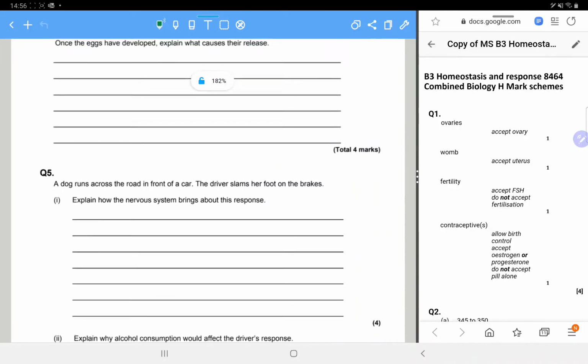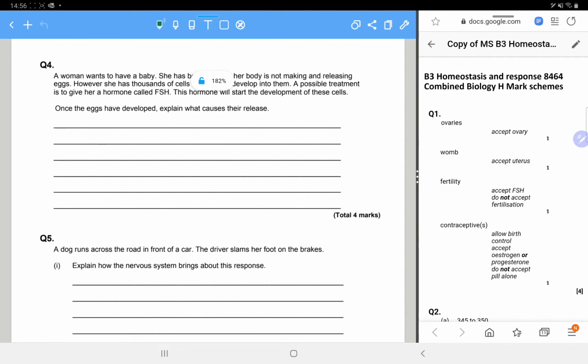Okay, question 4. A woman wants to have a baby. She has been told that her body is not making and releasing eggs. So we're talking about fertility, the menstrual cycle, and hormones. We're focusing our mind on that part of the syllabus that we know.